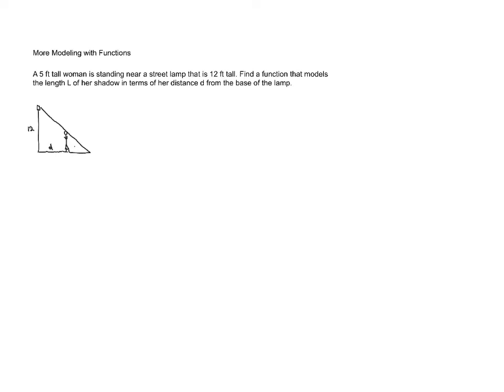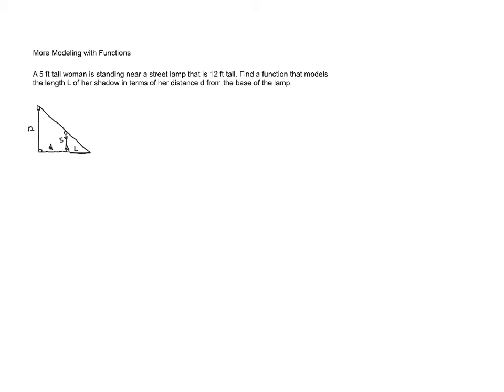This over here is the shadow, and it has length L. And this is a right triangle because we're assuming that the lamp is standing tall just like any street lamp should be. And so what we want to do is find the relationship between d and L and write that length L as a function of d. Also, I forgot to label that she is 5 feet tall.